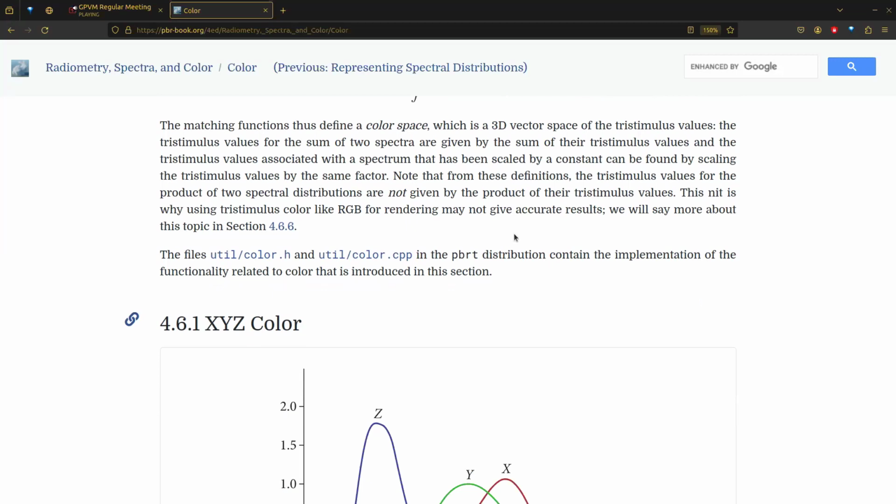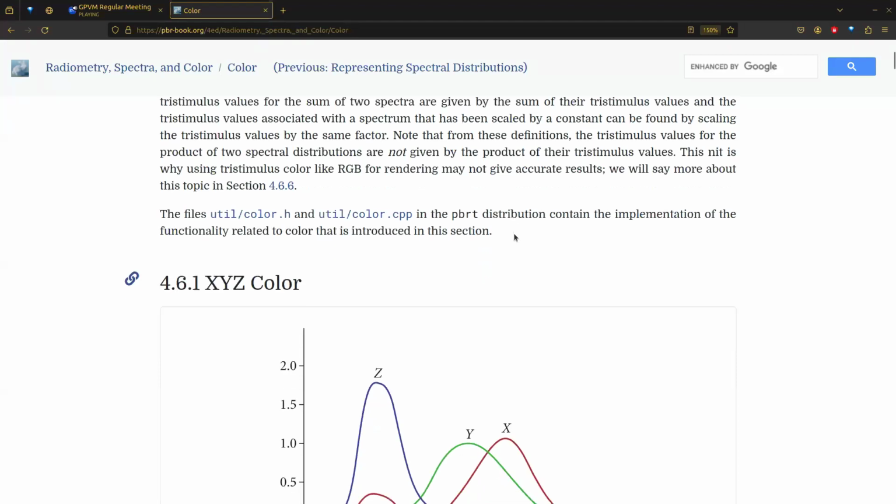The tristimulus values for the sum of two spectra are given by the sum of their tristimulus values, and the tristimulus values associated with a spectrum that has been scaled by a constant can be found by scaling the tristimulus values by the same constant. Note that by these definitions, tristimulus values for the product of two spectral distributions are not given by the product of their tristimulus values.